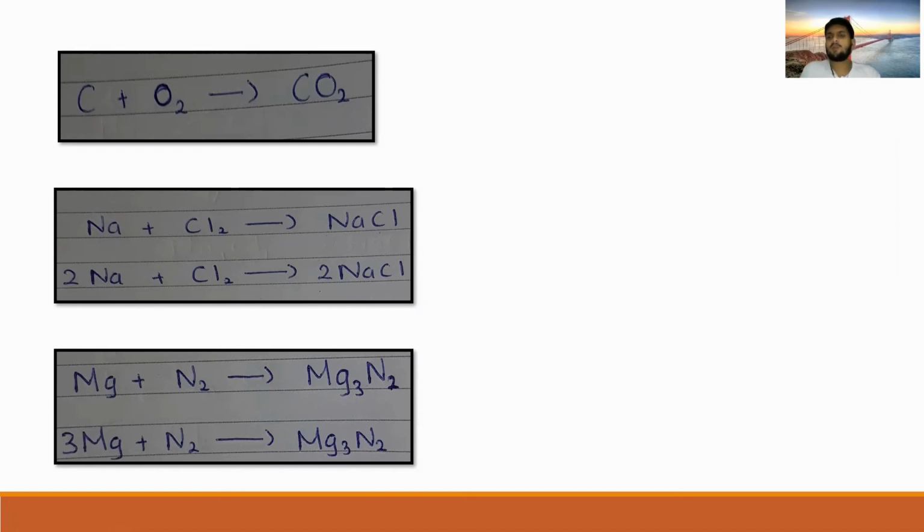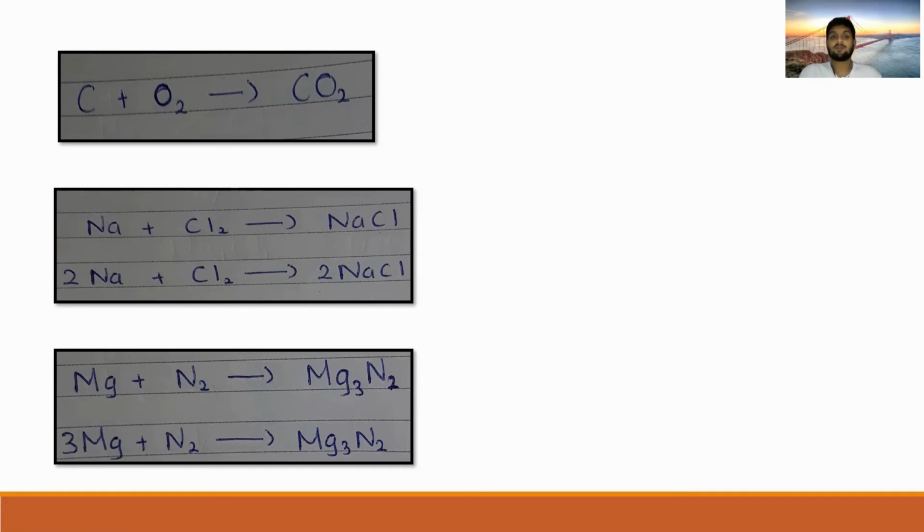So it's all about looking at the reaction, counting properly the number of that element on the reactant side, and then counting the number on the product side, and seeing whether they match.